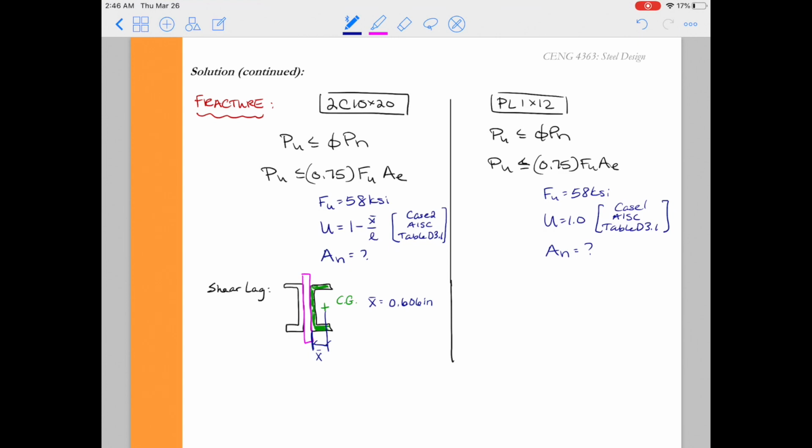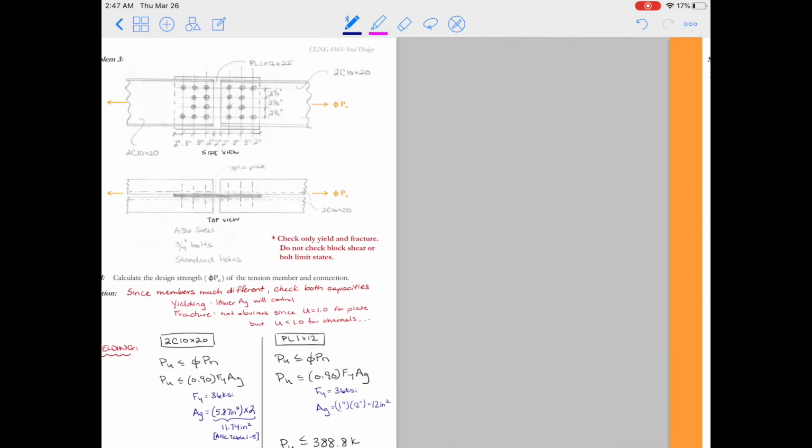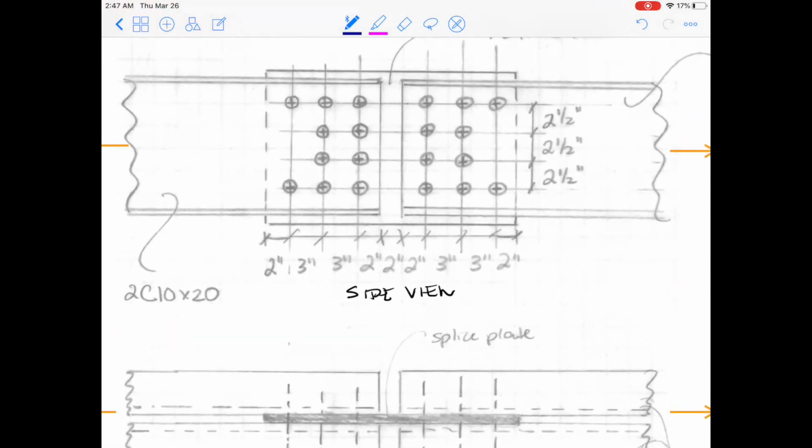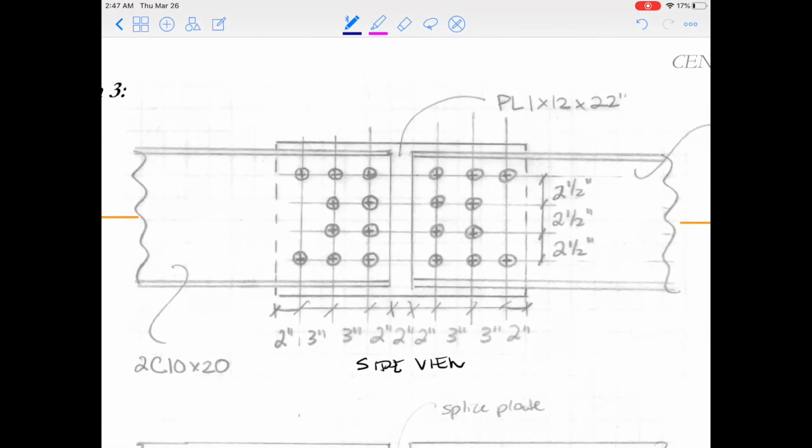In this case, x bar is going to be 0.606 inches. We can get this from Table 1-5 for the channel member, where it is listed as x bar. L is the total length of the connection, so we have to look closely at it. The length of a bolted connection is just from the first line of bolts to the last line of bolts.